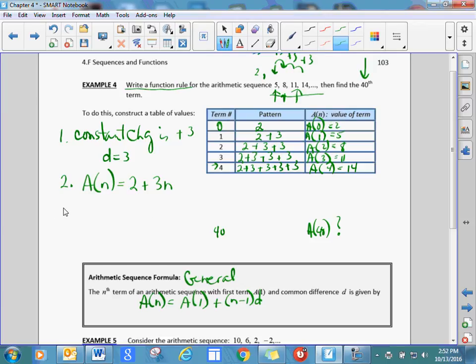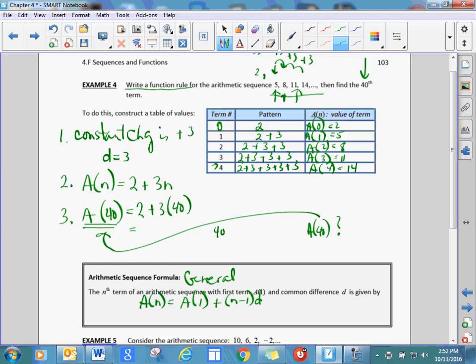So if we want to skip way down to the 40th term, right here, we can plug it in our function rule. So we have a rule that says 2 plus 3n, but I know I want n to be 40. I want to know what is the value. This is the value when you get to the 40th entry in this string of numbers.